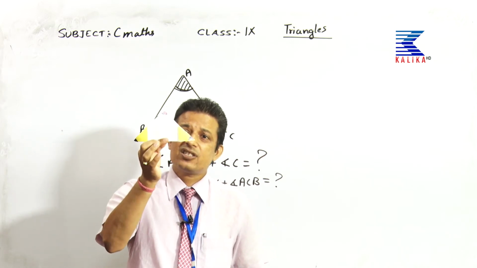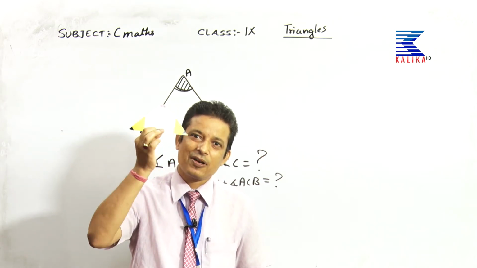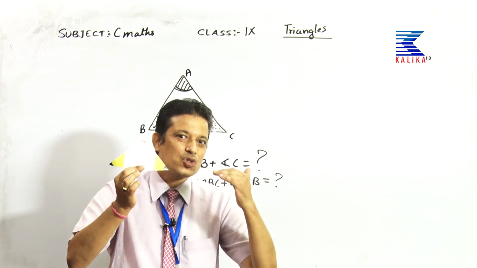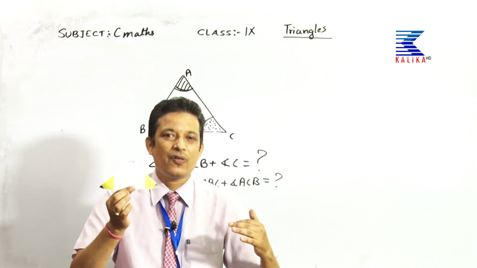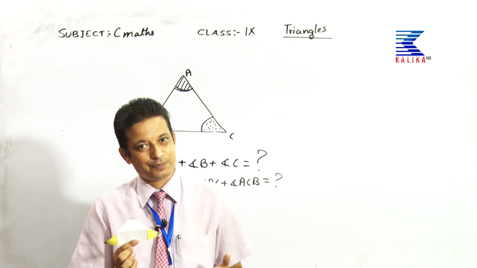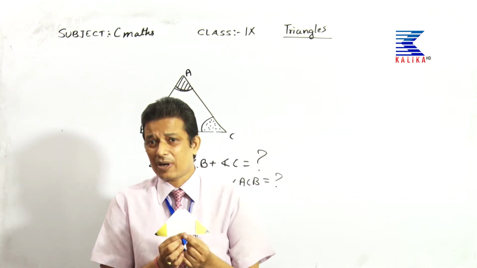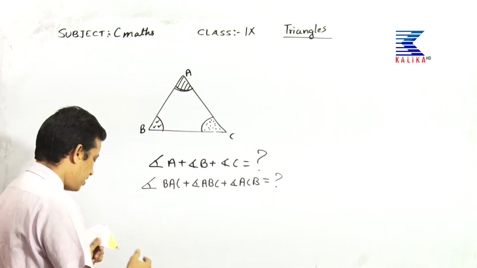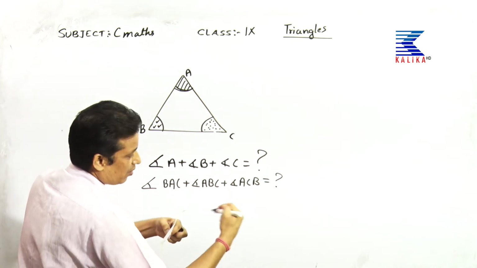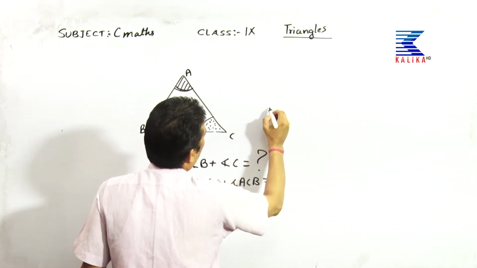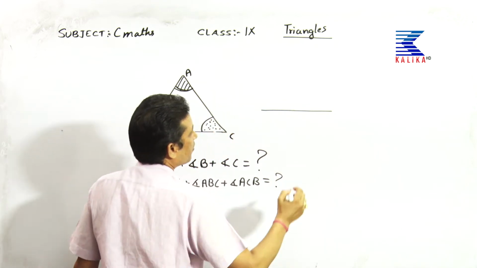Look, from this piece of paper, I am going to show you what is the sum of 3 angles of a triangle. You can see 3 angles, but before I use this picture, you should know one more thing. I hope you have already known.